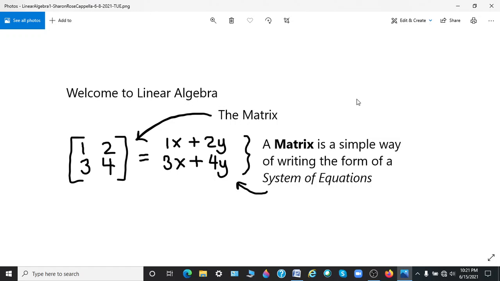Linear algebra is actually an algebra course that works only with linear equations of the form ax plus b equals y. So with that form, you are then able to use the variables in the equations to plug in numbers and get the exact same information per equation.